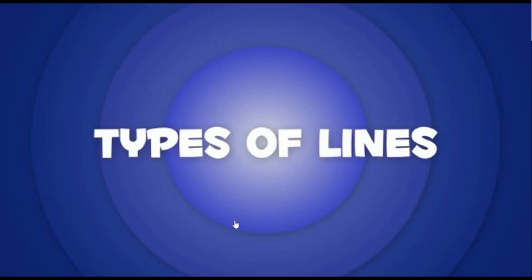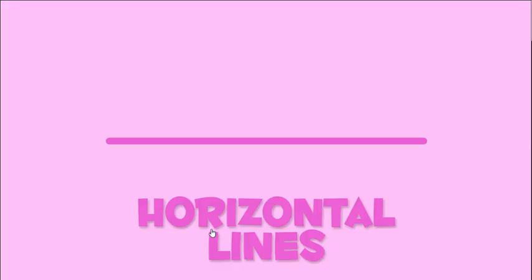First one is called a sleeping line or horizontal line. While we are sleeping, we will be in this position only, right? So, we are calling it a sleeping line and the name for this line is horizontal line.